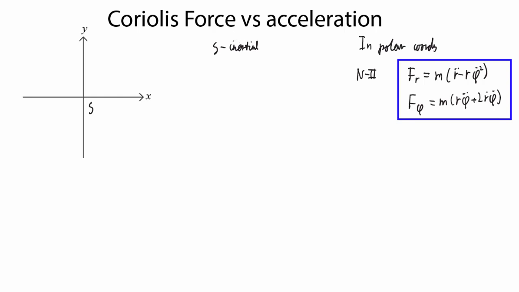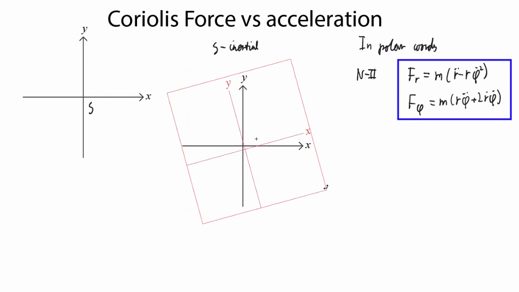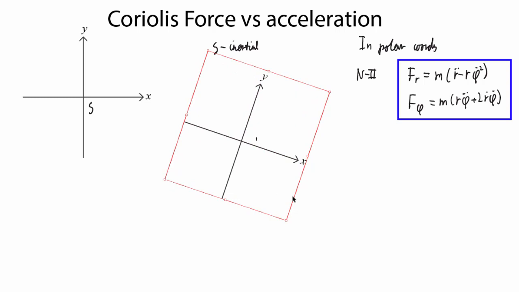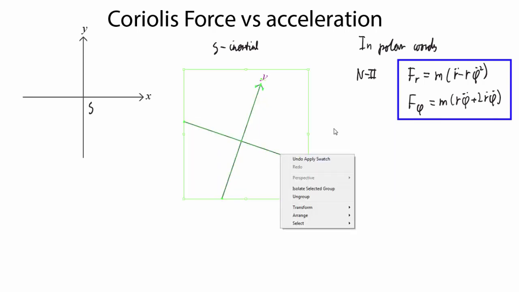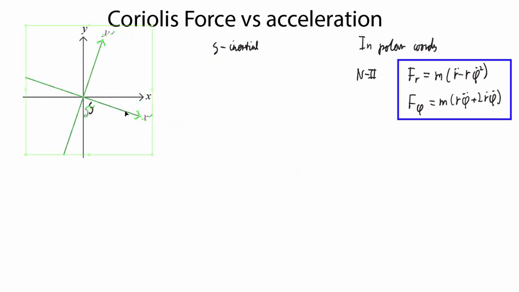And then I'm going to take another coordinate system here, which we will rotate. Actually, I'm going to rotate in that direction. And this is the prime coordinate system, so I'm going to call it S prime. And they overlap. I'm going to put the origin of the two coordinate systems in the same place. Okay, so those are our two coordinate systems.